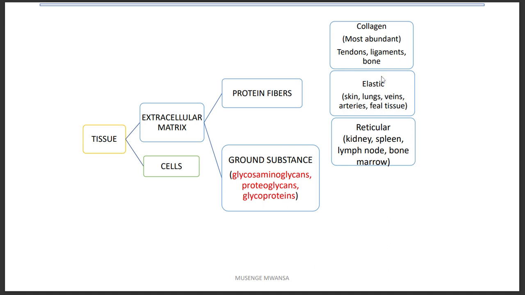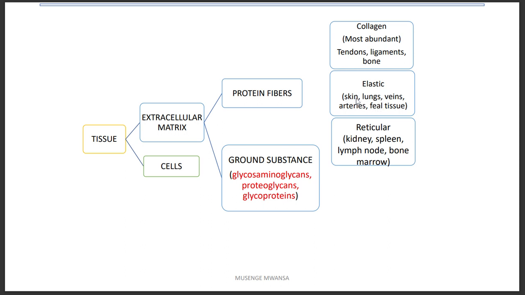We also have elastic tissue. Elastic fiber is there for elasticity, meaning that there is need for things to be able to bend and come back to the original position. Cells are able to bend and come back to original position like that.